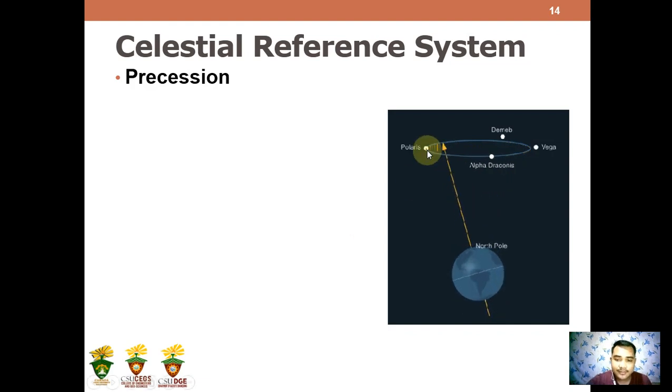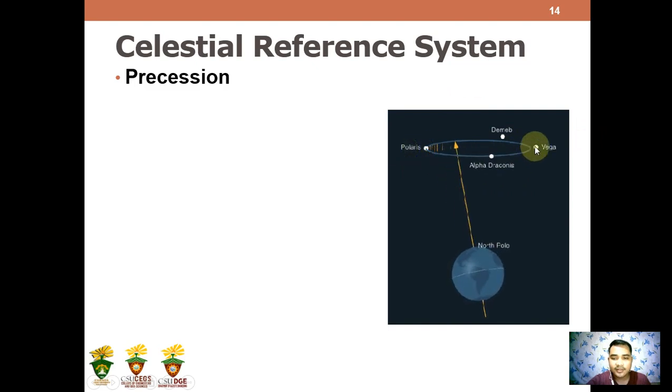For example, here the first axis, which is our north star right now, is Polaris, no? So due time, after 26,000 years its orientation changes. And like they said, after the 26,000 years, Polaris will no longer be our North Star.